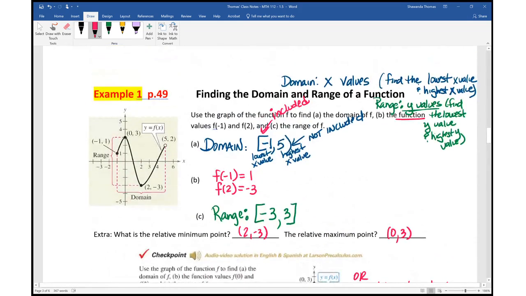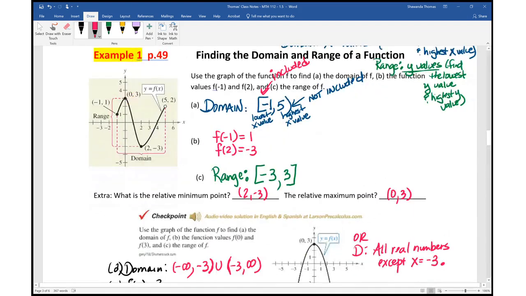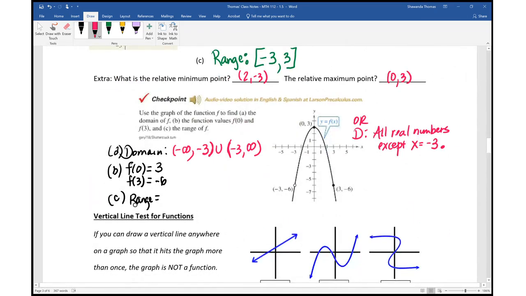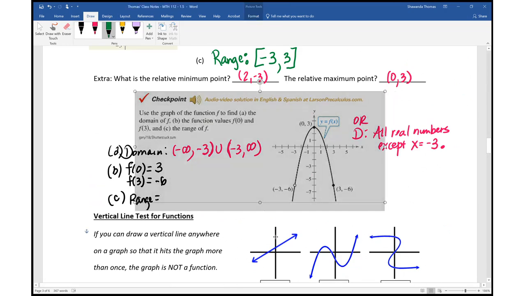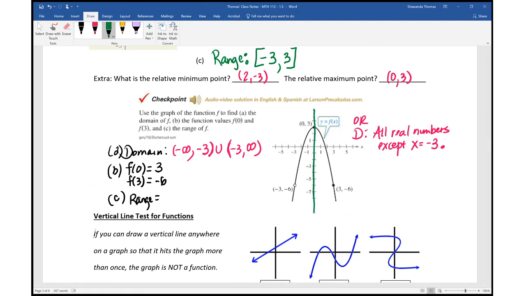All right, one more, range. Range again, we said were y values. We need to find the lowest y value up to the highest y value. So the lowest y value, if we look on the y-axis, where are the lowest numbers?